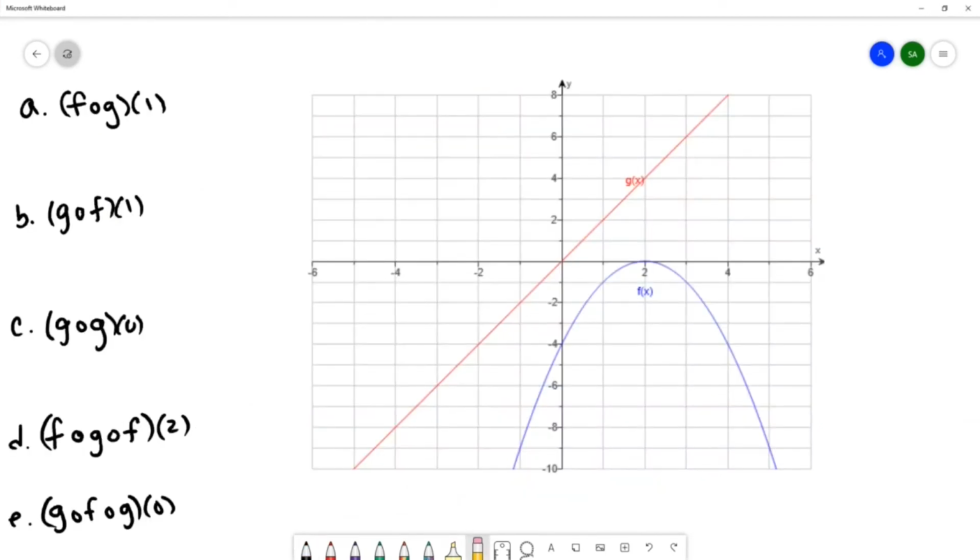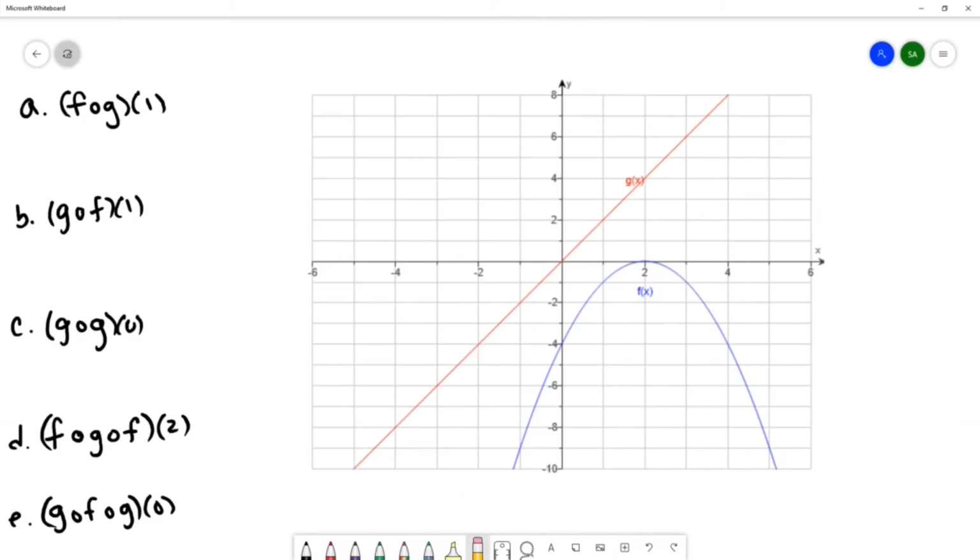In this question, we're given a graph. I can see that this line that is labeled g of x is the red line here. And then we have a parabola that is labeled with f of x. And we can see that curve here.